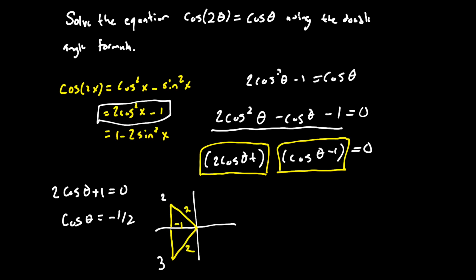Then in both cases here, this gives us the third side is the square root of 3. And the reference angle for both of these, we'll call it theta bar. Again, this is the reference angle, and this is going to be pi divided by 3. Then to find the corresponding angles, we'll call one theta 1.